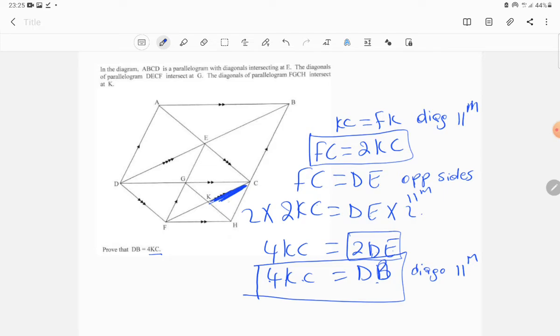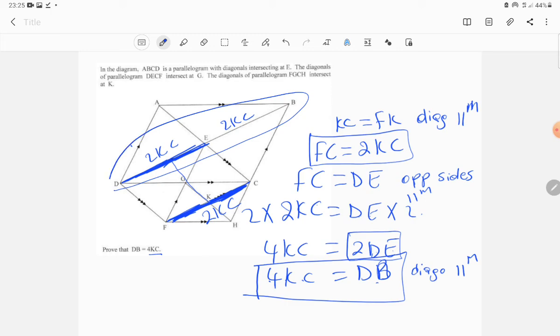After KC, you multiplied KC by 2 to get the whole diagonal, and this one is the same as the opposite side of this other parallelogram. So having this 2KC here, you also have another 2KC here, which means this is the whole DB.